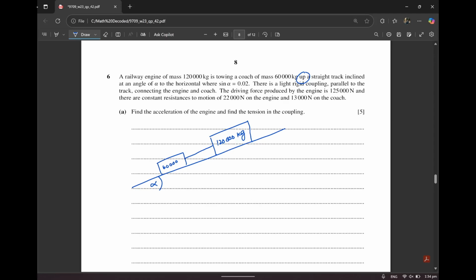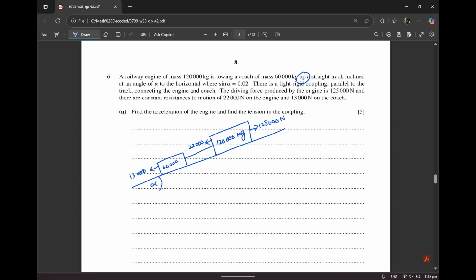It says the driving force produced by the engine, this is the engine, is 125,000 newtons, and there are constant resistances to motion of 22,000 newtons on the engine and 13,000 on the coach. So 22,000 here and 13,000 here.